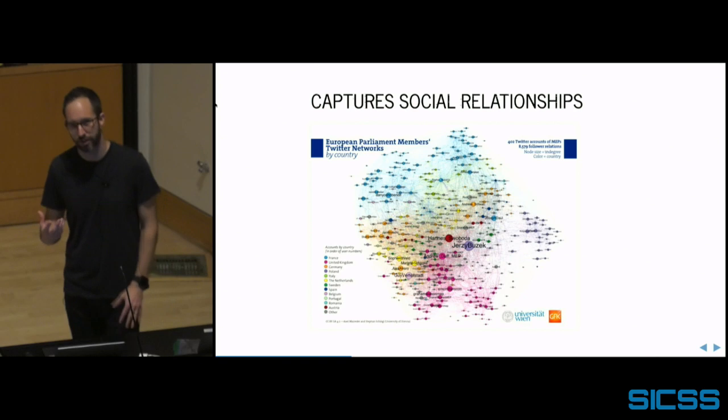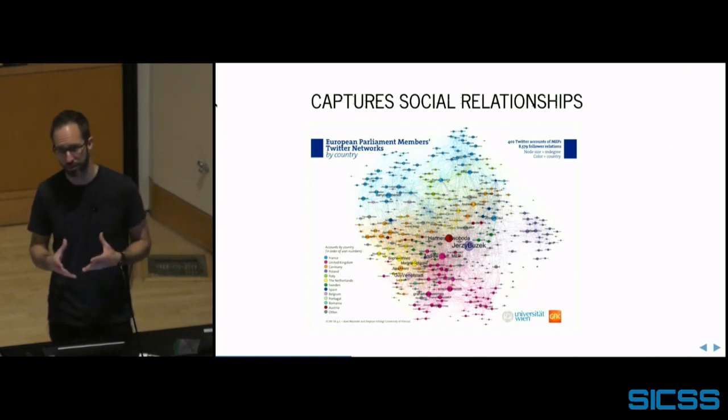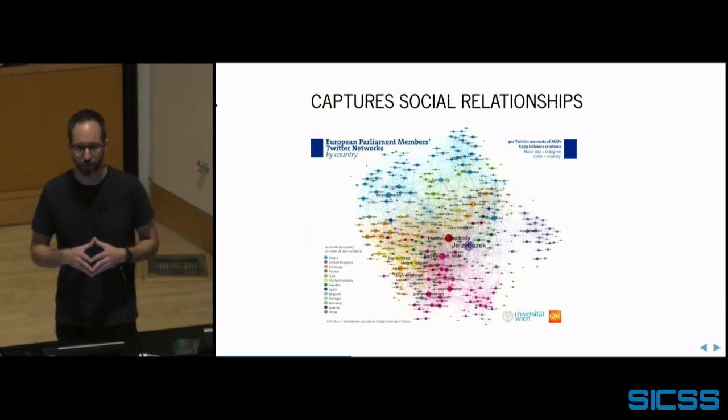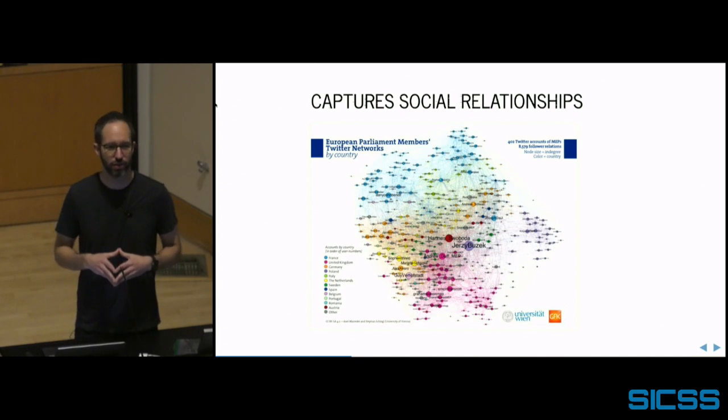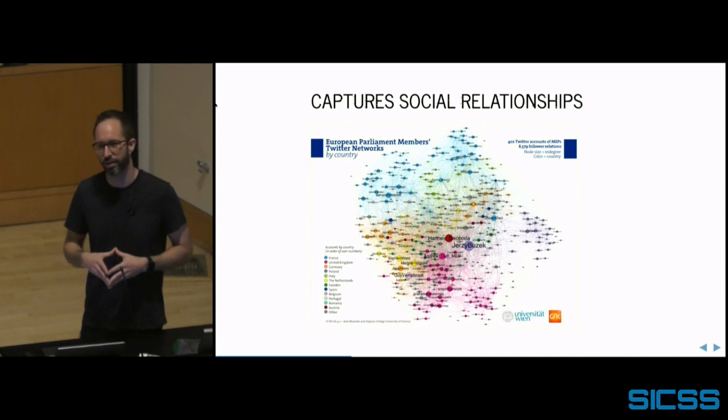A fourth key feature of digital trace data is that they capture social relationships. If any of you are familiar with network analysis, or if you've ever read a study that has some kind of network data collection component, one of the most vexing things to do as a social scientist is to figure out how to measure and observe a social relationship. You may be familiar with something like a name generator, where you ask a survey respondent to name the 3 to 5 people they would go to talk to about important matters.